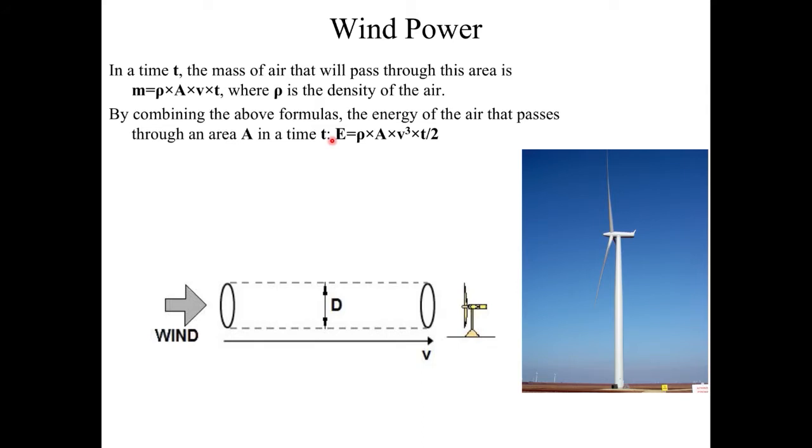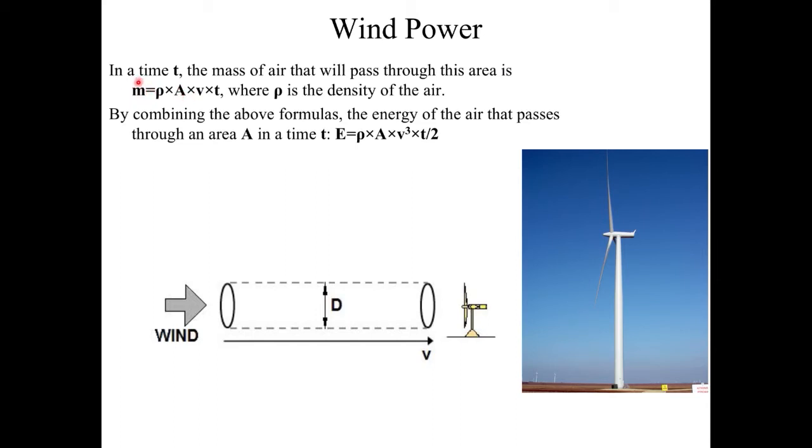There are a number of other equations here that I'm not going to hold you to, but I'll walk through them just so you can understand how that kinetic energy of air is harnessed to produce electricity. In a particular time t, the mass of air that passes through the area is given by this equation.